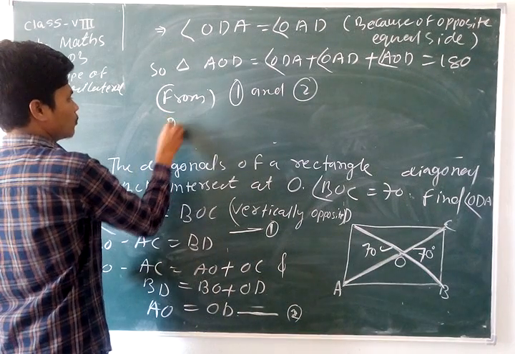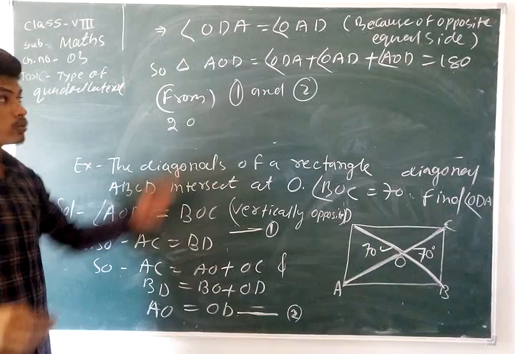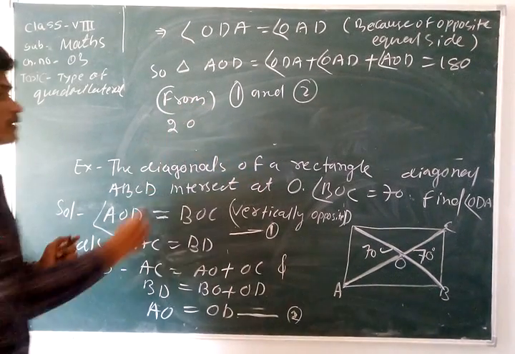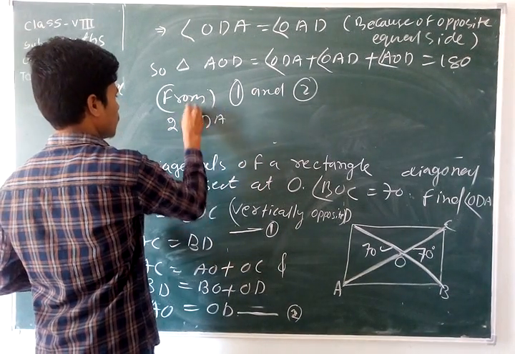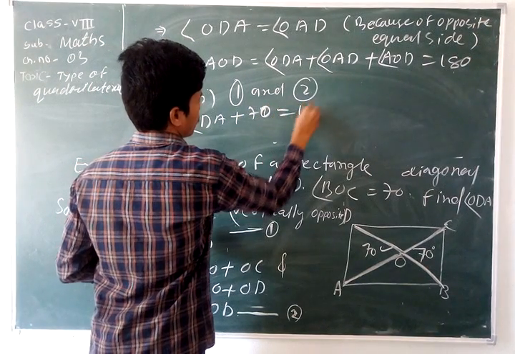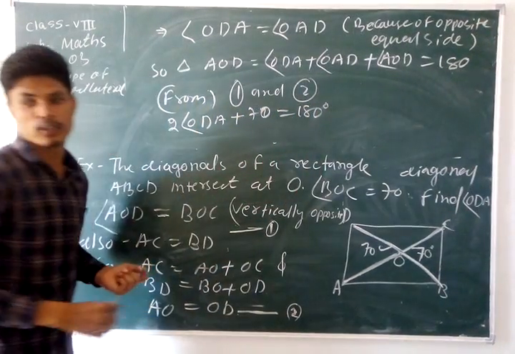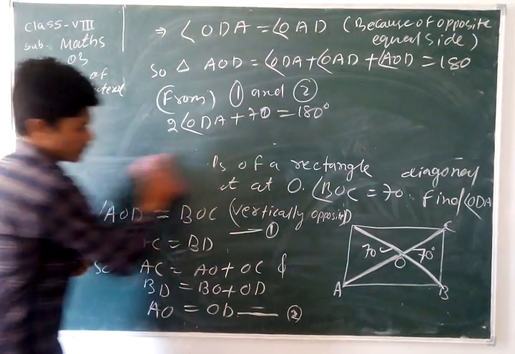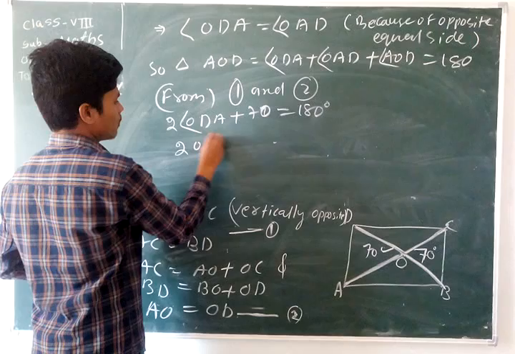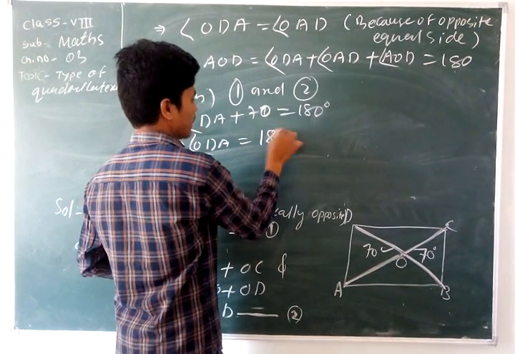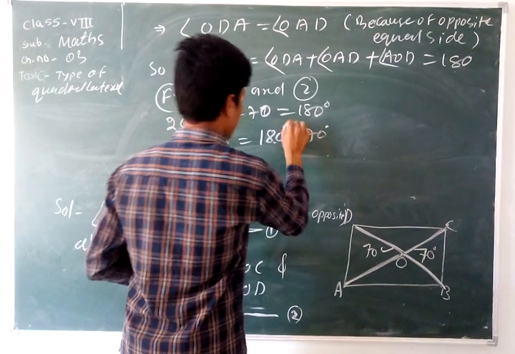2 ODA plus 70 equal to 180. Clear about this? Now 2 ODA equal to 180 minus 70 degrees.